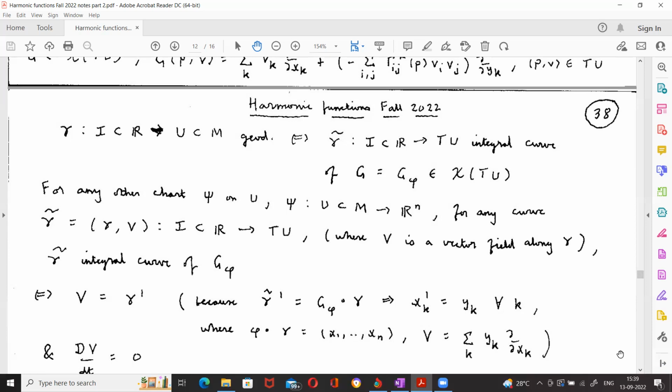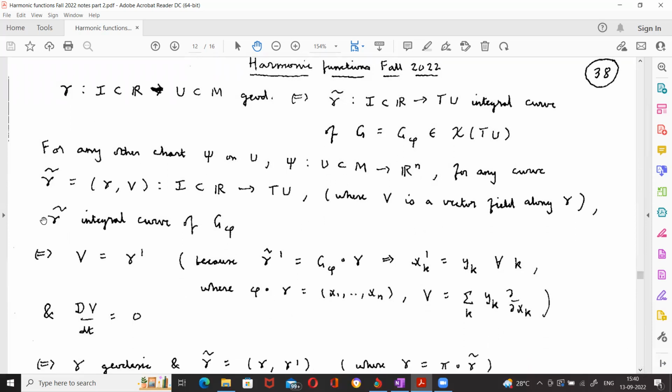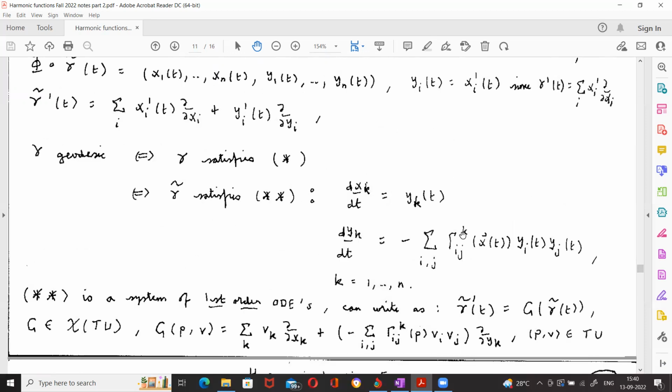So gamma tilde is an integral curve of G phi if and only if V is equal to gamma prime. And the second equation will then tell me that dV dt is equal to 0, so gamma is a geodesic.